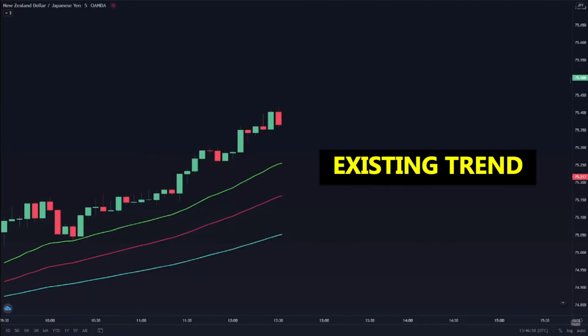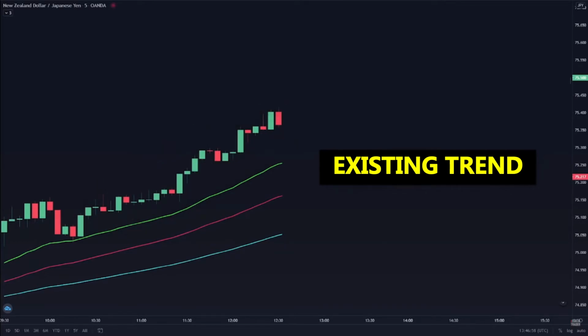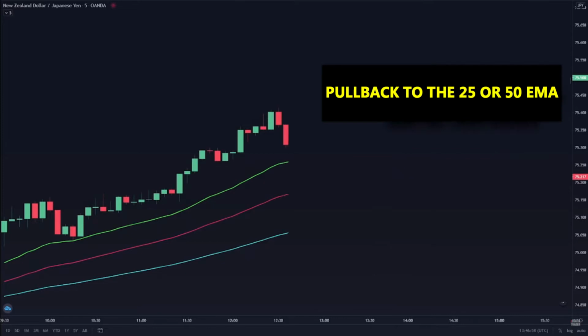In this chart we can see that the market is currently in an uptrend as shown by all three EMA heading upwards, while all the candles are above the EMA. Next, we are waiting for a pullback towards the 25 or 50 EMA, but remember, it must not cross below the 100 EMA.